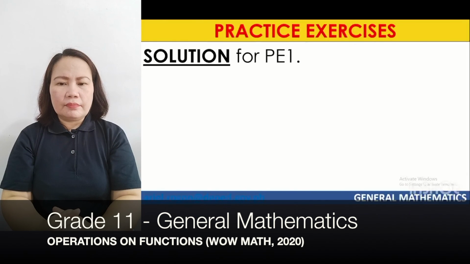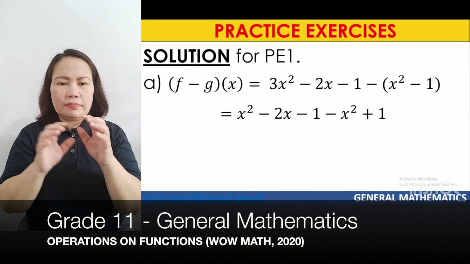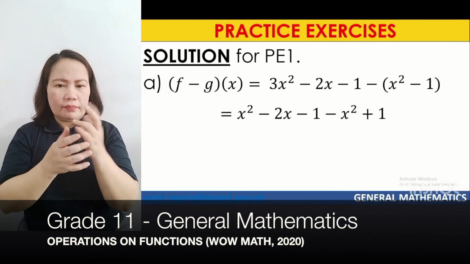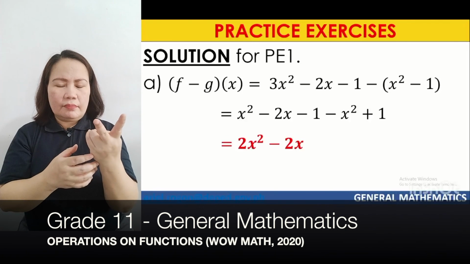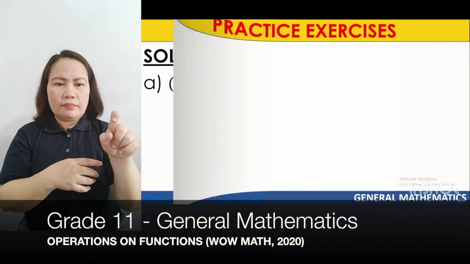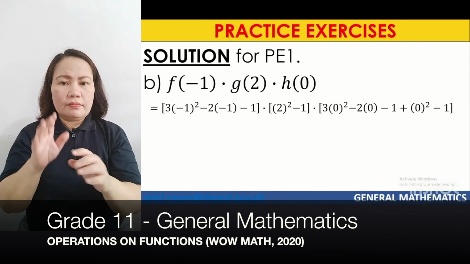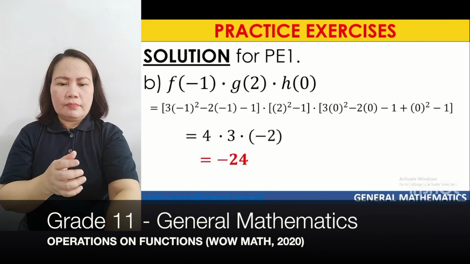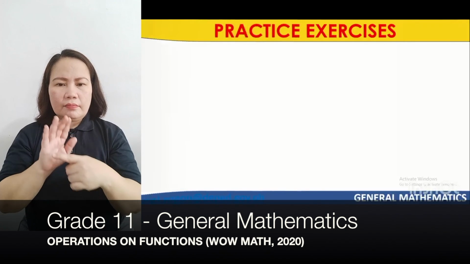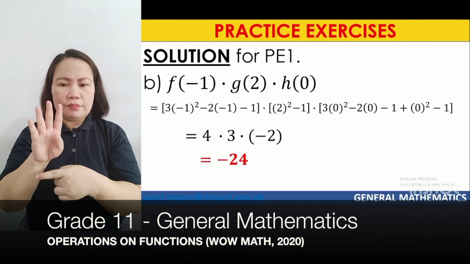Okay, let's answer practice exercises 1. So the answer will be 3x squared minus 2x minus 1 minus x squared plus 1. So the answer will be 2x squared minus 2x. Okay, the earlier ones you can do as your exercises. So I'll show the answer. For letter B, the answer is negative 24.